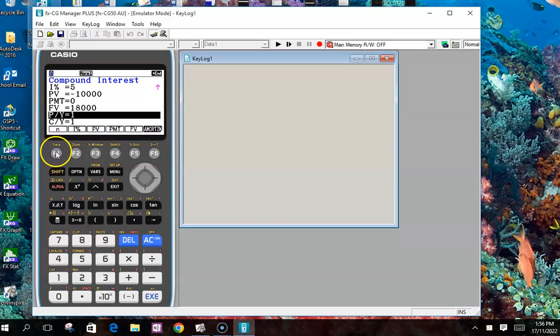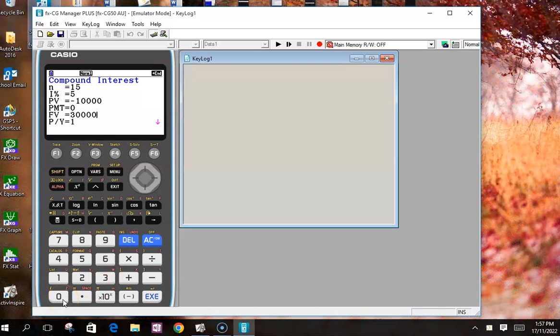I can press N. What if it was for 15 years, but I now needed $30,000 after 15 years? What interest rate would I need for that to occur? Tell them you're dreaming. You're not going to find 7.6% interest rate. Adjust your expectations, right?